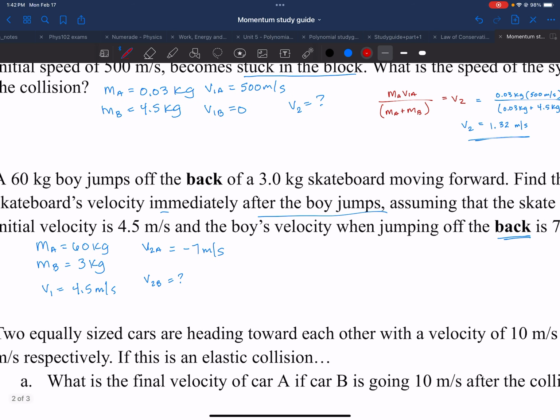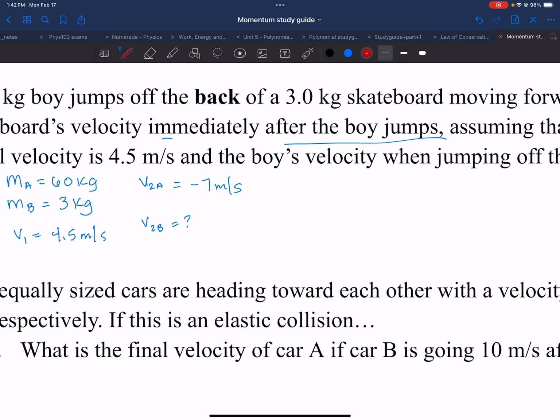So then this has a different equation. We're initially together, so mass of A plus mass of B times V1 is equal to mass of A V1A plus mass of B V2B. And we want to know what V2B is.